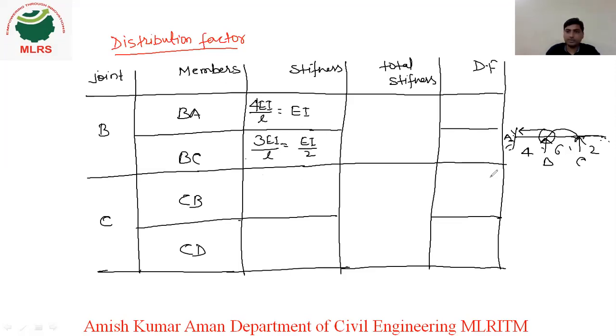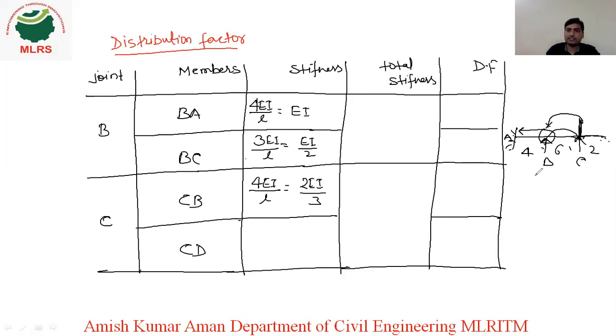Now coming to CB. From C you are seeing B. If you see B, it is continuous because after that there is a support at A. So for continuous, 4EI upon L. So 4EI upon L and the L value is 6. So 2EI upon 3.